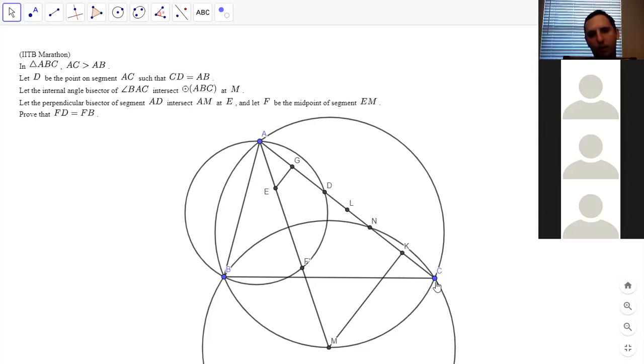And so we must prove that F prime A is equal to F prime C. If we call ADB cut AM at F prime, we need F prime A. If F prime A is equal to F prime C, so F prime L will be perpendicular to AC because L is the midpoint of AC. Yeah, and we need F prime C is equal to F prime A. That's what we want to prove.